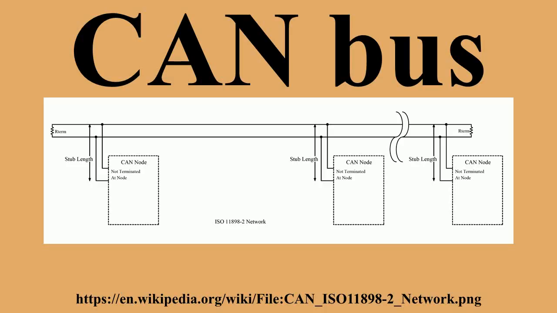If a logical 0 is transmitted by all transmitting nodes at the same time, then a logical 0 is seen by all nodes. If a logical 0 is being transmitted by one or more nodes, and a logical 1 is being transmitted by one or more nodes, then a logical 0 is seen by all nodes, including the node transmitting the logical 1. When a node transmits a logical 1 but sees a logical 0, it realizes that there is a contention and it quits transmitting.